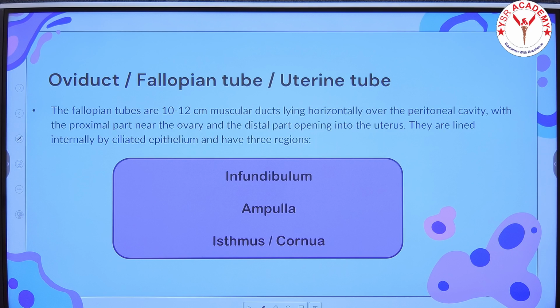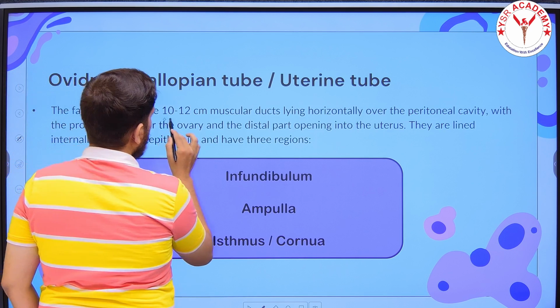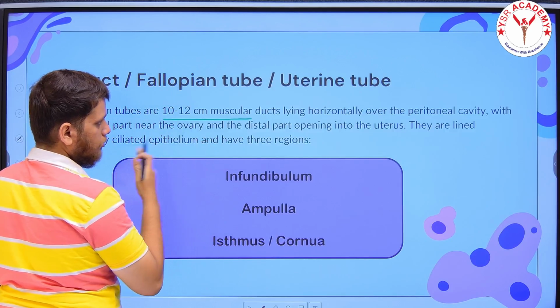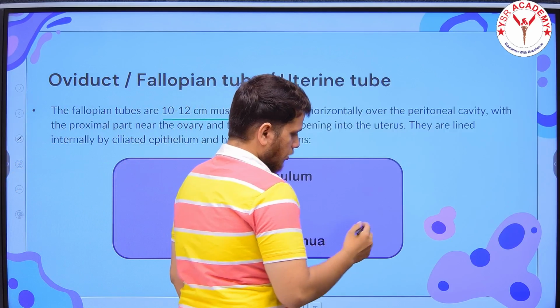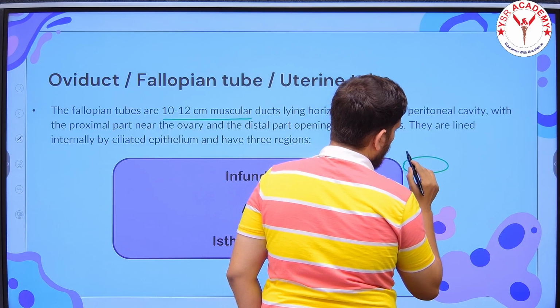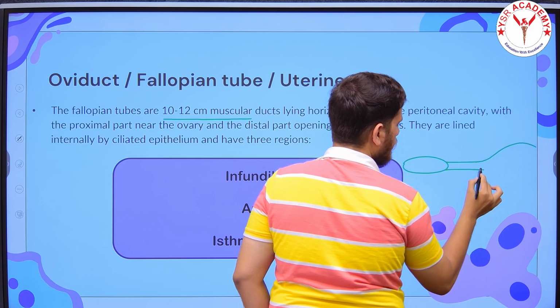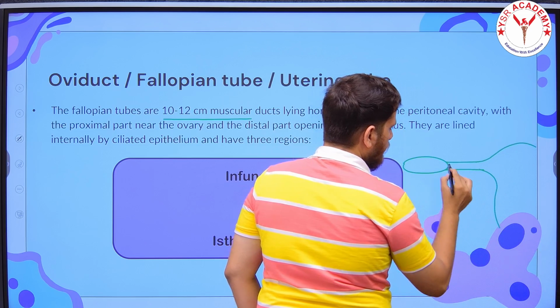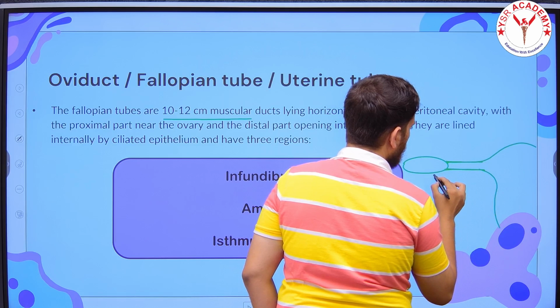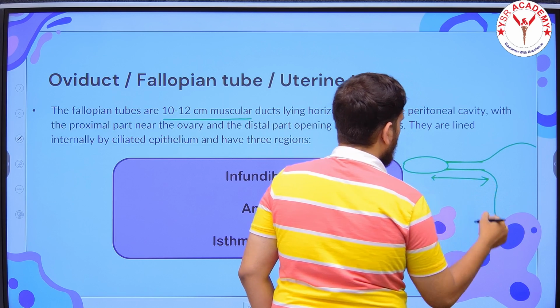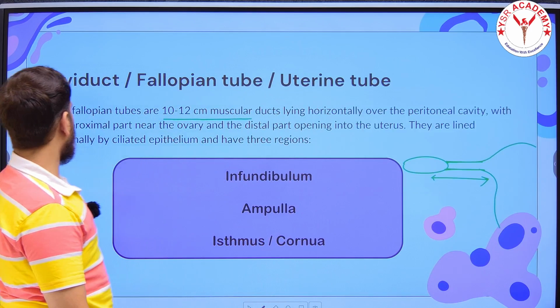These fallopian tubes are approximately 10 to 12 centimeters. They lie horizontally. As you can imagine, you have the ovary, then this is a horizontal tube, and from here the uterus starts, this is the uterus. This horizontal tube is approximately 10 to 12 centimeters long.